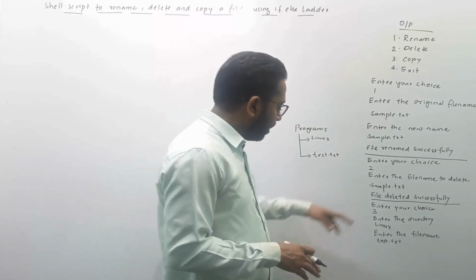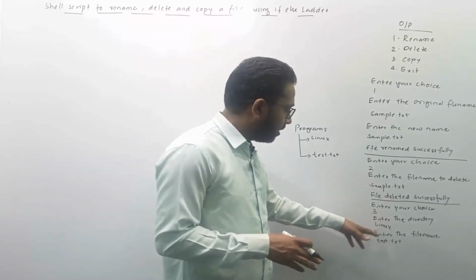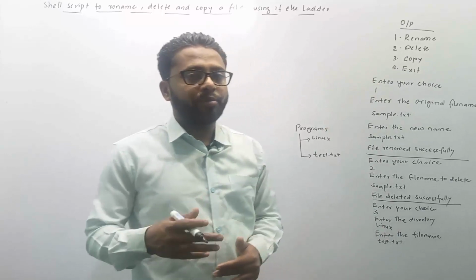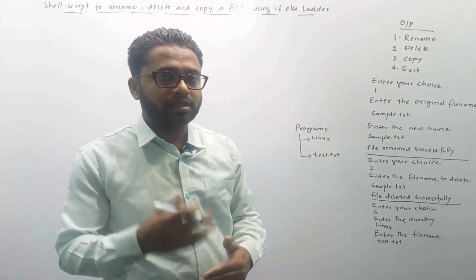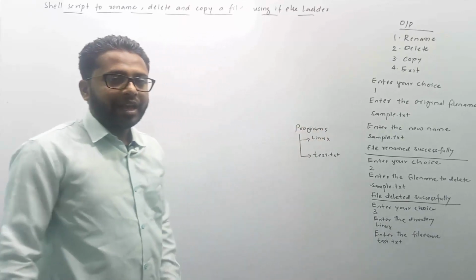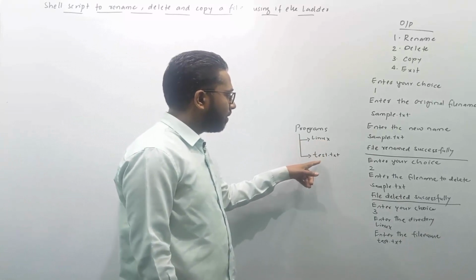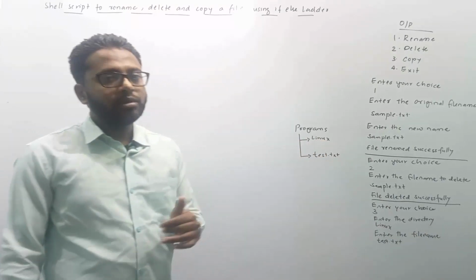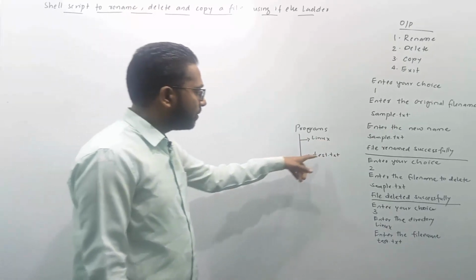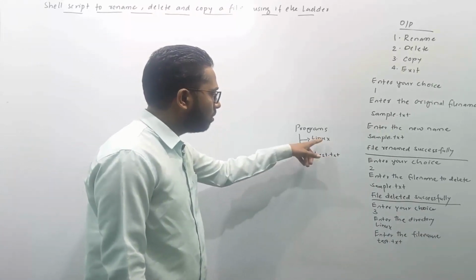If the user enters 3, that means the user wants to copy a file from one place to another place. Suppose right now the user is under the programs directory, and under that directory there is a Linux directory and there is a file test.txt. The requirement is that I want to copy this test.txt file to Linux.